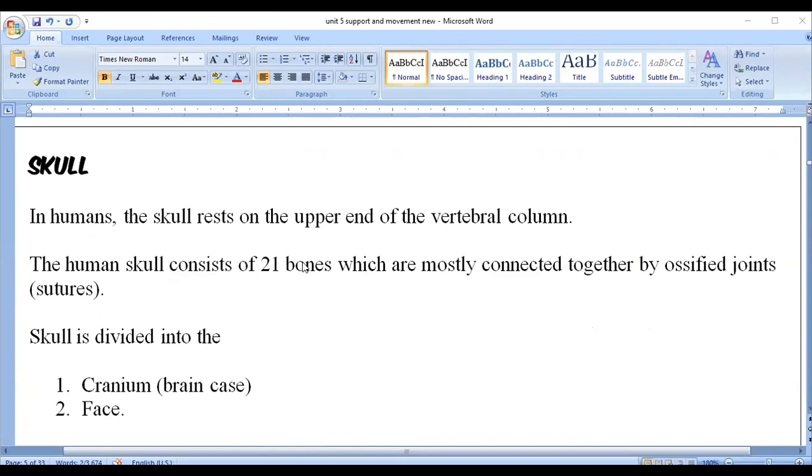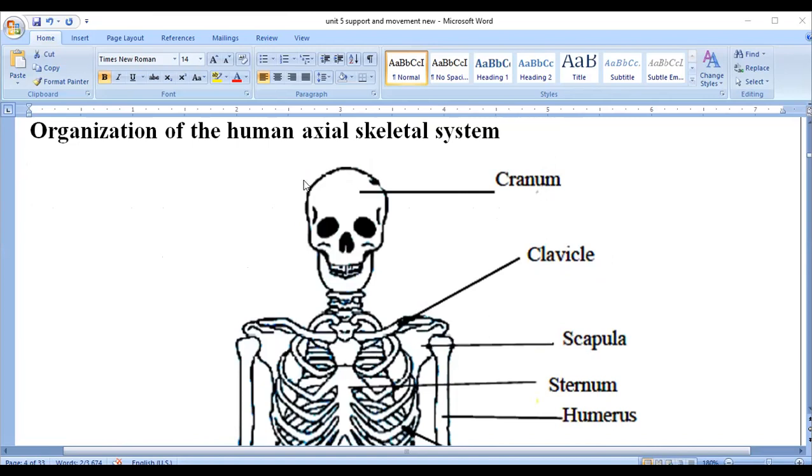The axial skeleton includes our skull, our vertebral column, our ribs, and the sternum bone. These four, look at this picture. You can see the skull. This is our skull.